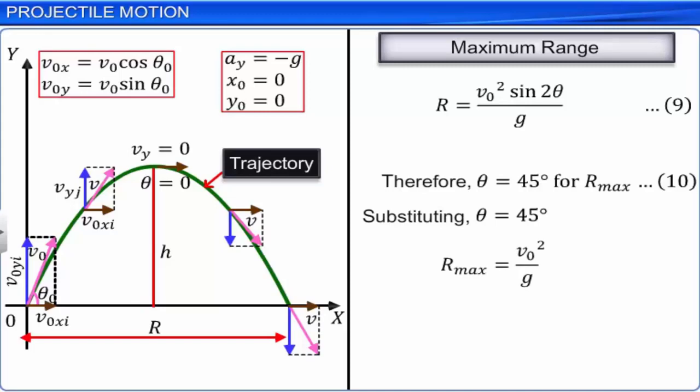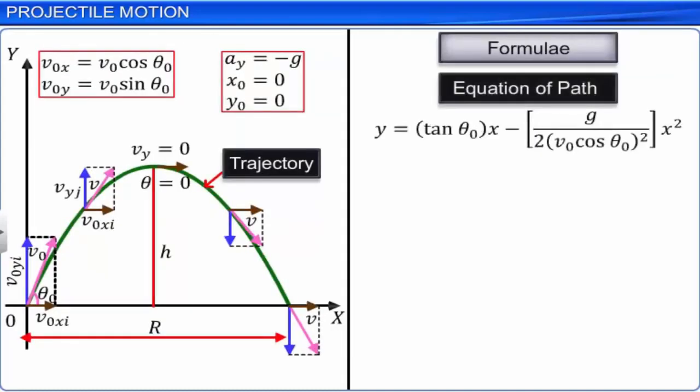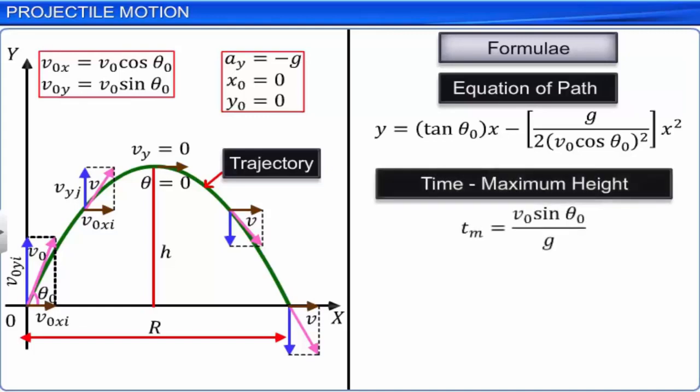The equation of the path for the projectile: y is equal to tan theta 0 into x minus g divided by 2 into (V0 cos theta 0) square into x square. Time taken for the projectile to attain maximum height: Tm is equal to V0 sin theta 0 by g. The time of flight of the projectile: Tf is equal to 2 V0 sin theta 0 by g.